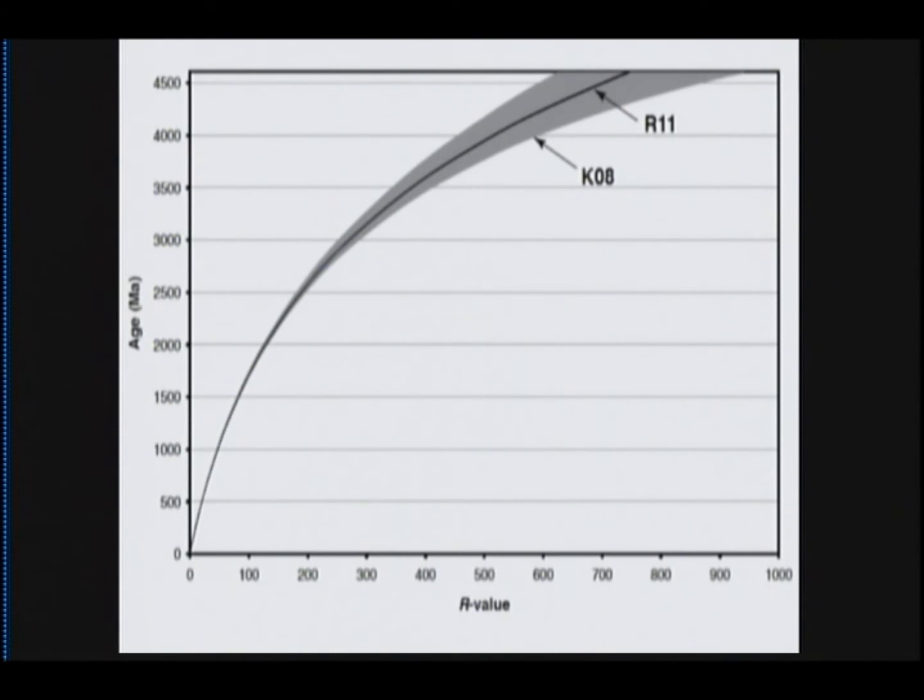This is the uncertainty of the astronomical calibration when you extrapolate that result, introducing the uncertainty from the decay constants. It's on the order of hundreds of millions of years by the time you get out here into meteorite land. Down here in the Cenozoic, the difference is pretty small.